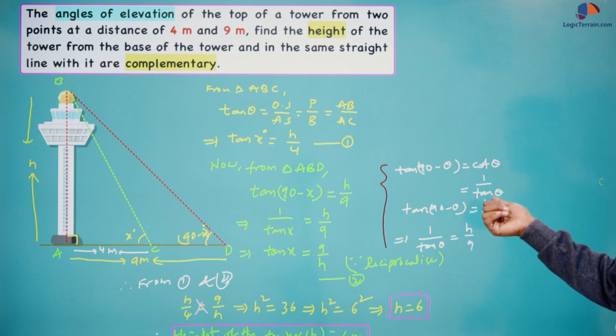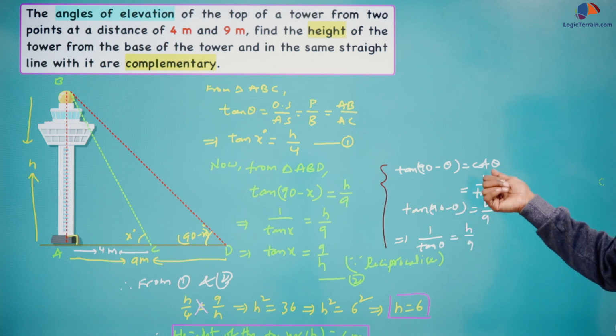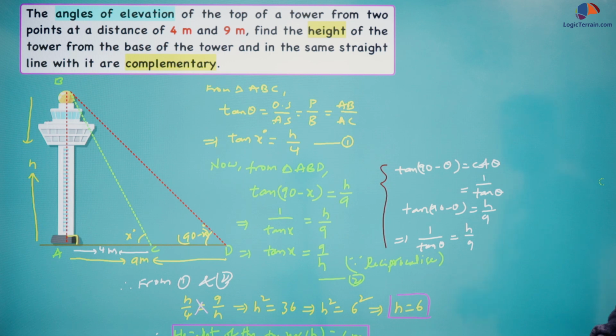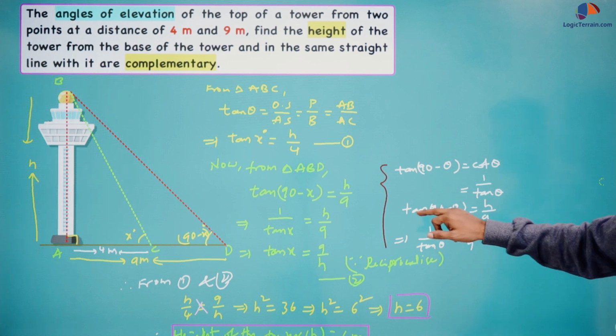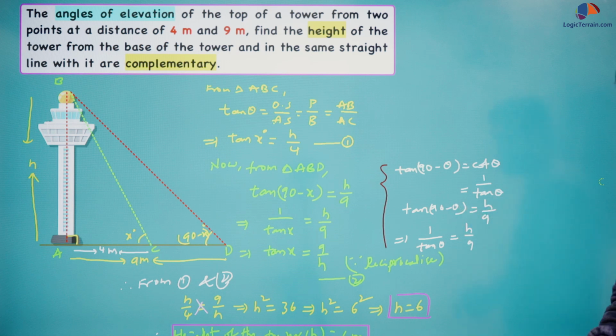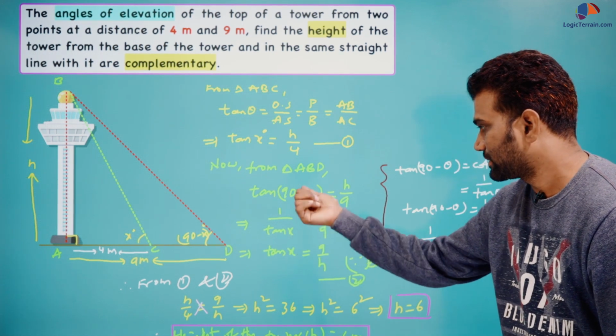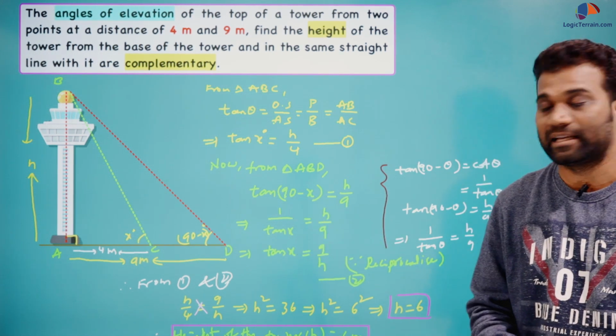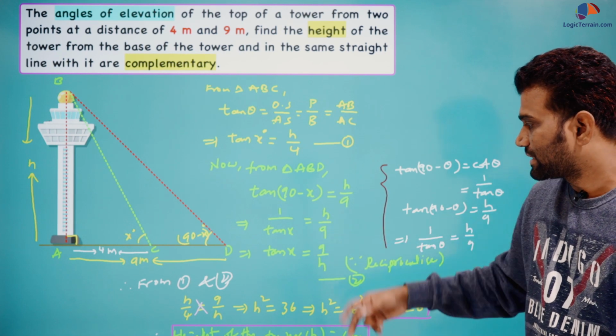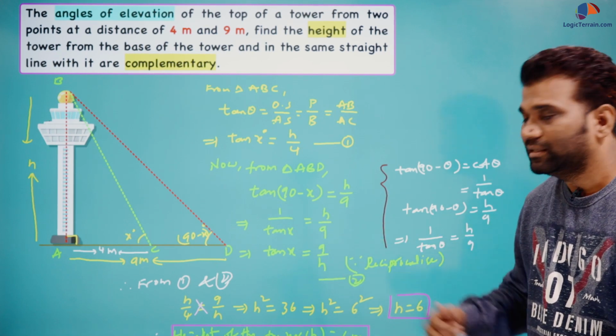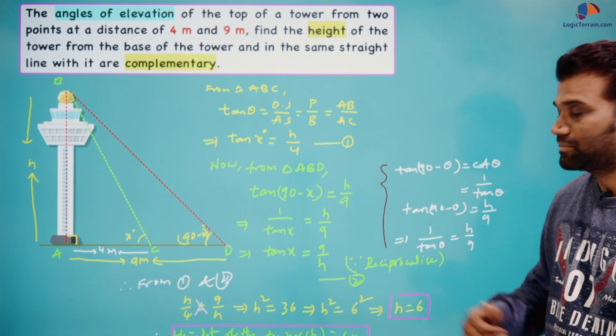So 1 upon tan x is equal to h upon 9. On reversing both the sides, tan x is equal to 9 upon h. Let us take this as number 2.